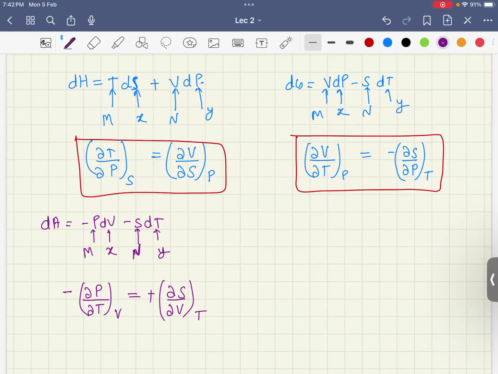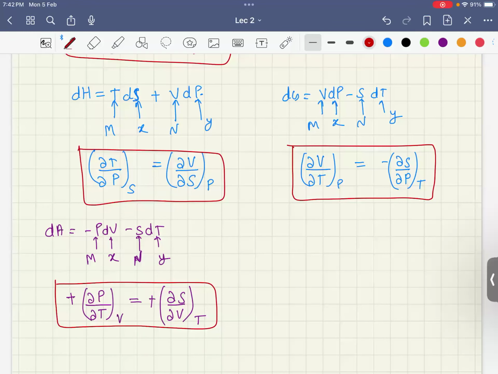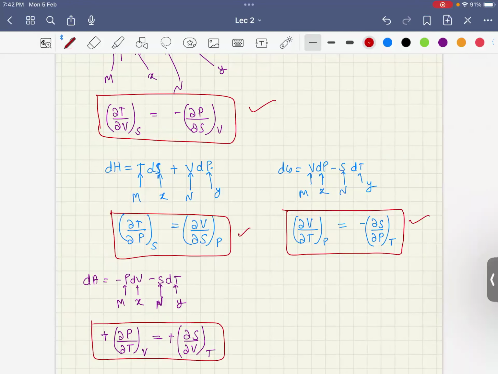Here both sides have a minus, so I can just cancel it out. So now these four expressions together are what are called Maxwell's relations, or Maxwell's equations.